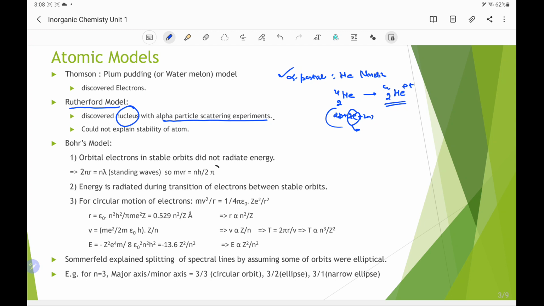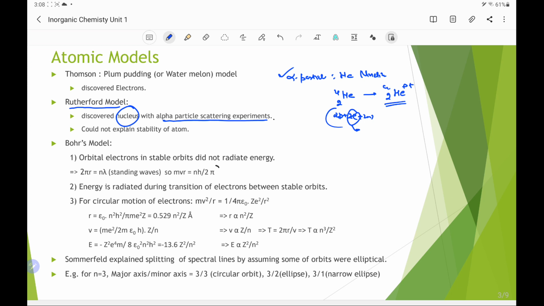But the Rutherford model could not explain the stability of the atom, because an electron revolving in an orbit will radiate energy, as it is just like an accelerating charge. Due to the emission of energy, the radius of the path will reduce continuously, and ultimately the electron will fall into the nucleus, which raises a question on the stability of the atom.